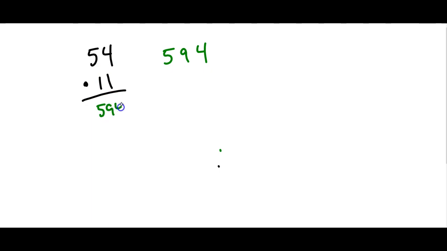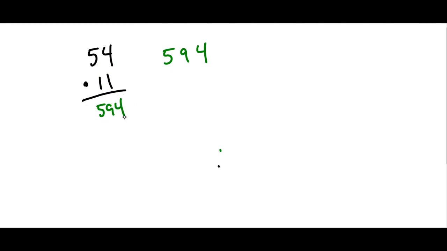Let's look at 54. And this is just all mental math here. I want to do in my head 54 times 11. So the trick with multiplying by 11 is to add up the 2 digits you see here. So I'm going to rewrite this number 5, 4, some space in between, and 5 plus 4 is 9. So 11 times 54 is 594.